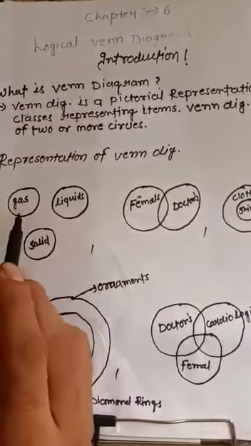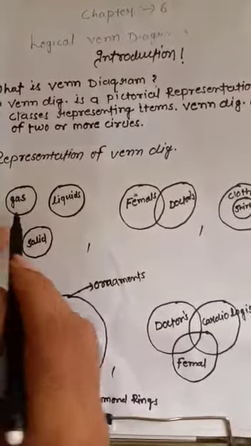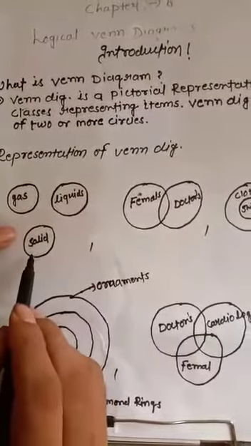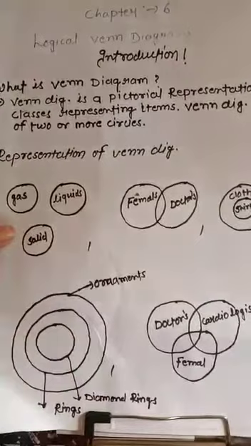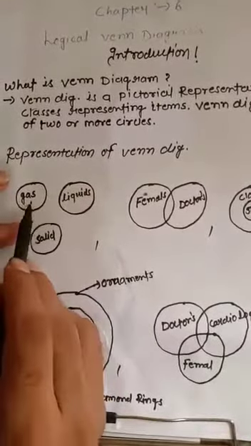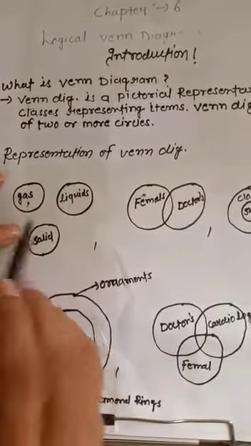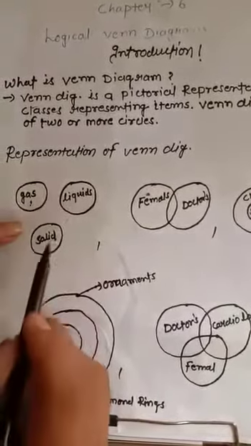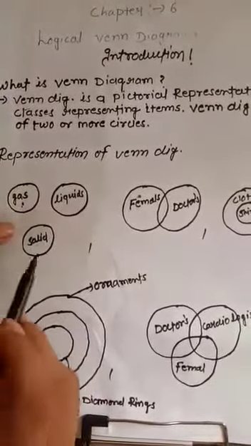So gases are a different kind of format. Similarly, liquids are a different kind of format, and solids are also a different kind of format. So we can say that gas, liquid, and solid don't have any relationship. That's why we represent gas, liquid and solid in different circles.